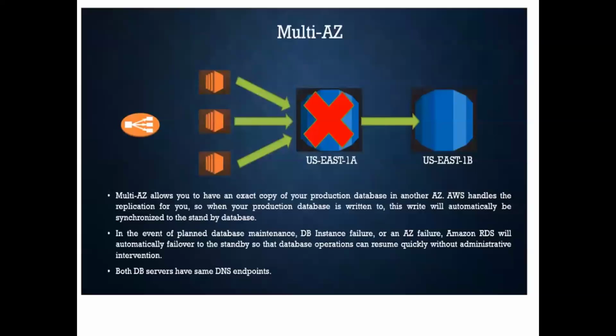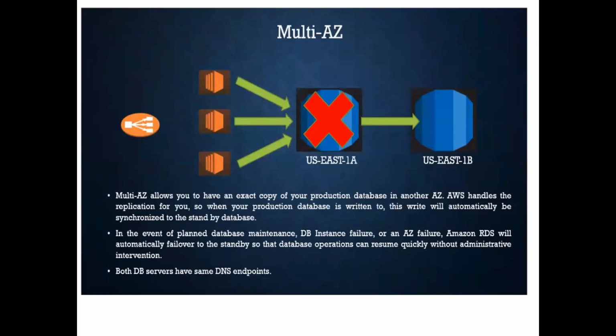And here in the RDS service, we also have another additional feature called Multi-AZ. Multi-AZ stands for multi-availability zones. While configuring the database itself, we can enable this Multi-AZ feature. If we enable it, our database will be replicated.